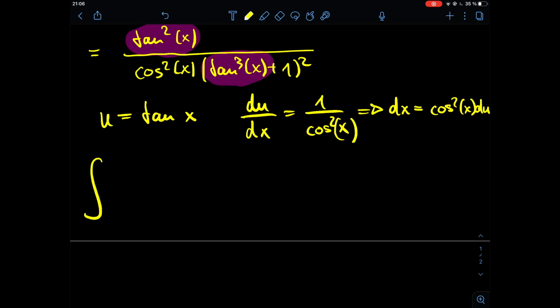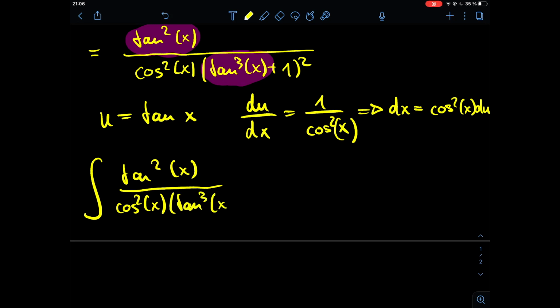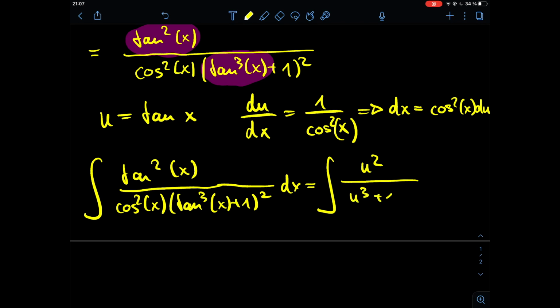Our integral was in the beginning tangent squared of x divided by cosine squared of x times the quantity tangent cubed of x plus 1, squared, dx, and with the substitution this is now u squared divided by the quantity u cubed plus 1, squared. The cosines equal each other out, so we are just left with this integral right here.